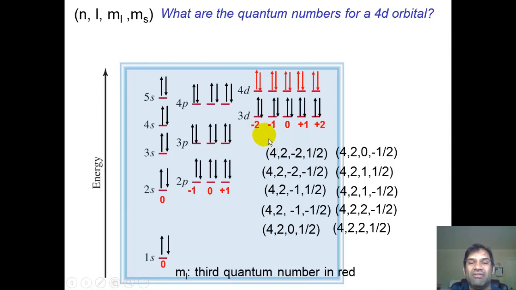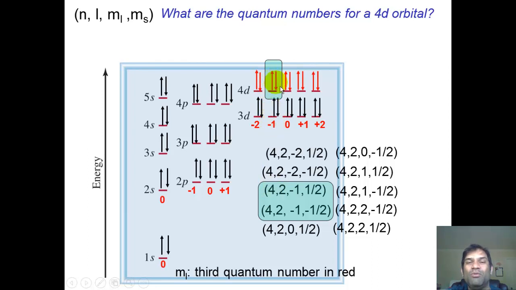So we have, for example, 4, 2, -2, and this is +1/2. This electron here would be 4, 2, -2, -1/2. Shown in green here would be a 4, 2. Now it's located in -1, and it's spin up +1/2.